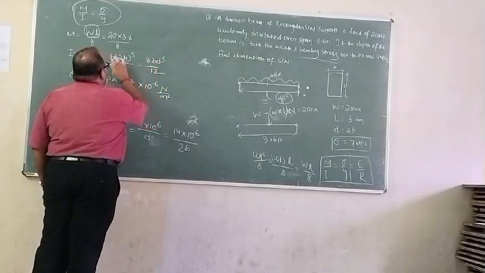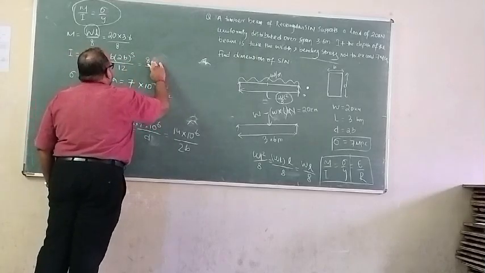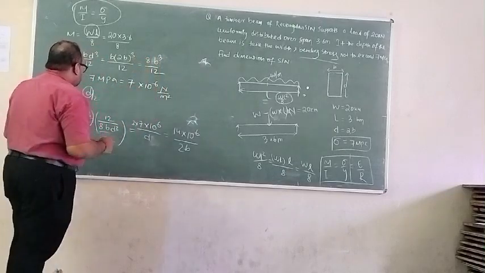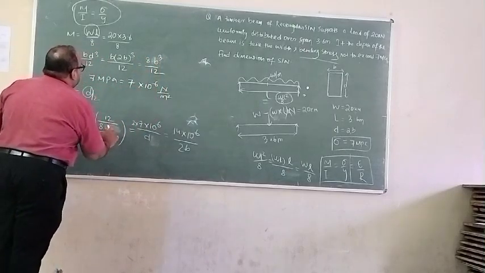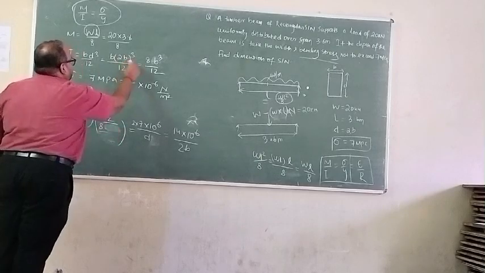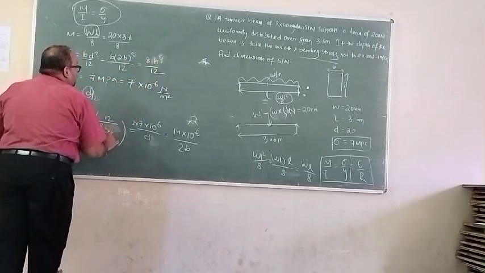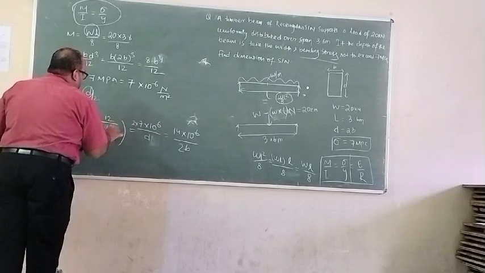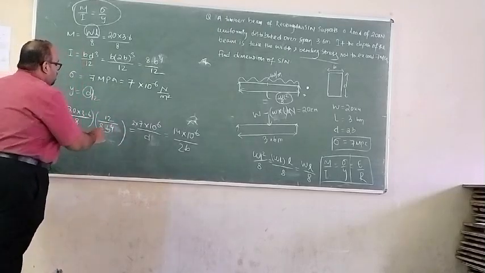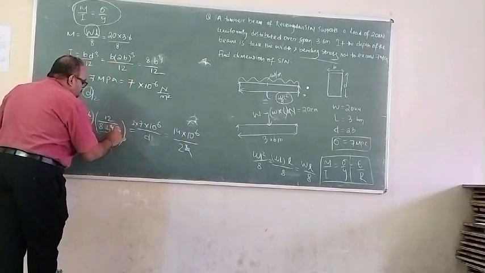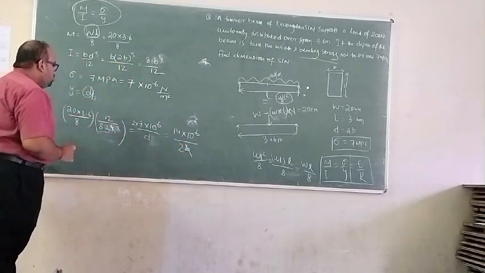So here B cubed, and after cancelling B from this it will be converted into B cubed.